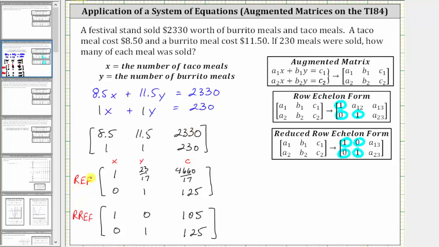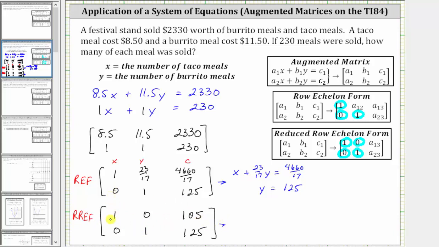So for row echelon form, this first row indicates that 1x, or x, plus 23/17 y is equal to 4,660/17, and the second row indicates that 0x, or 0, plus 1y, or y, equals 125. Notice how to find the value of x here, we'd have to substitute the value of y into the first equation and then solve for x. But for reduced row echelon form, we get the value of x and y very quickly.